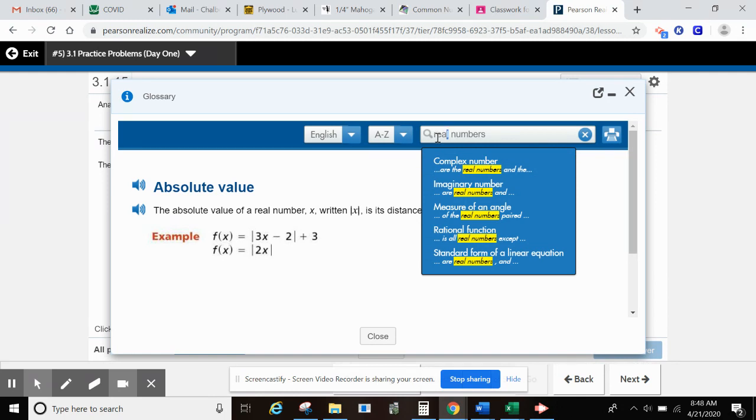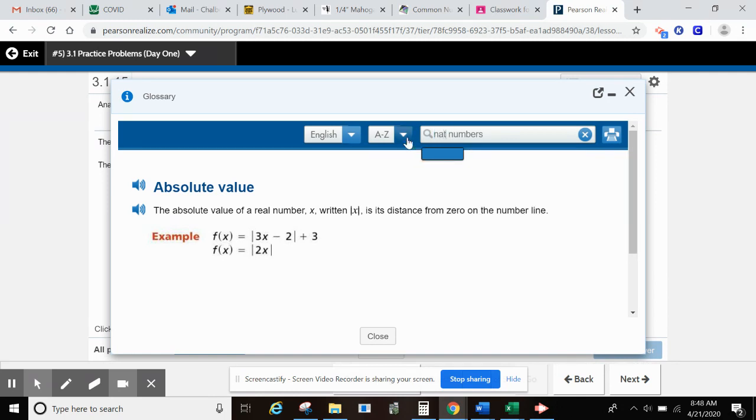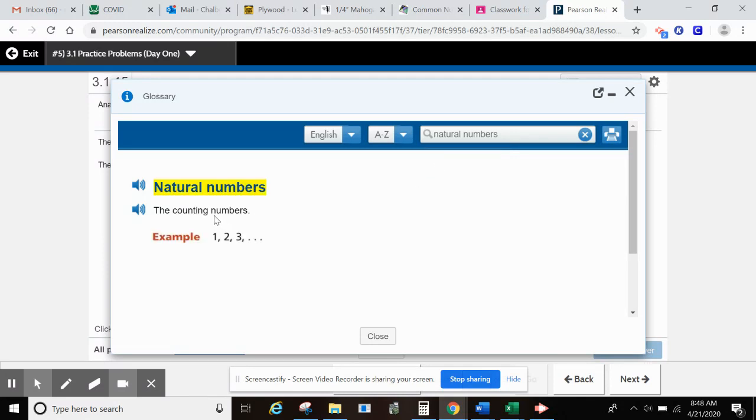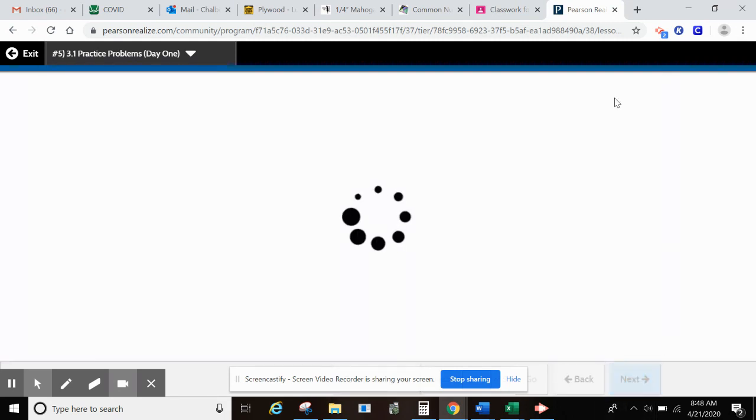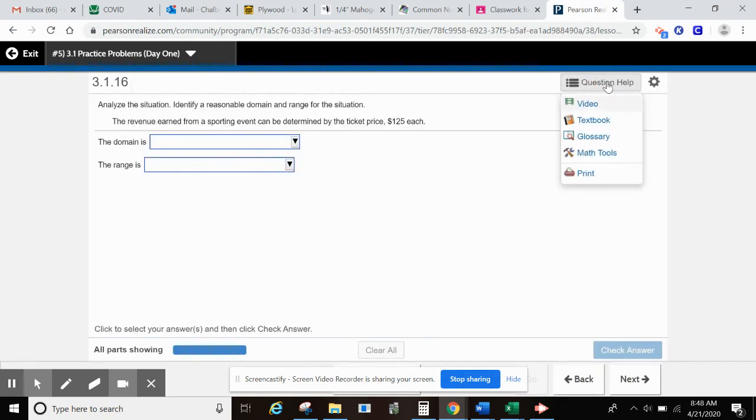If I wanted to look up natural numbers, I could do that right here. Those are your counting numbers. So that's an option there too. Again, not every question has all the help built in, but some of those things are there.